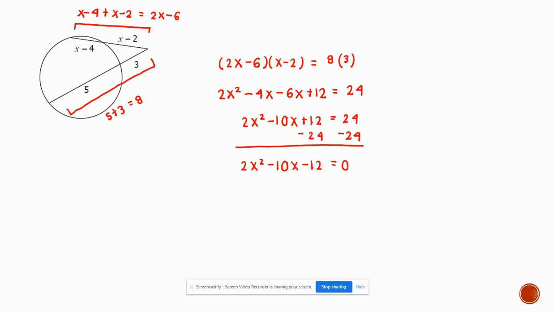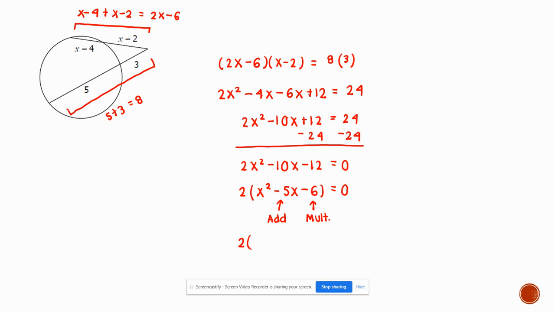First thing we do when we factor is look for a GCF. Notice that every single one of those numbers are even, so they all have a 2 in common. So by factoring out a 2, that leaves us then with an x squared minus 5x minus 6. Because I then can now continue to factor, I want to know what multiplies to the last number but adds to the number in the middle.